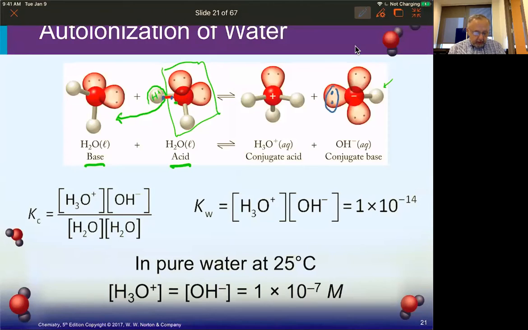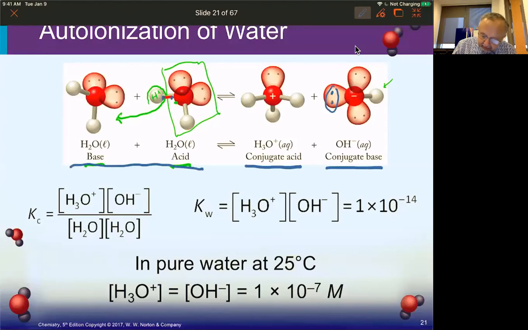So water can react with itself and form a conjugate acid and a conjugate base, the hydronium ion and the hydroxide ion. Now, the equilibrium lies to this side, heavily.